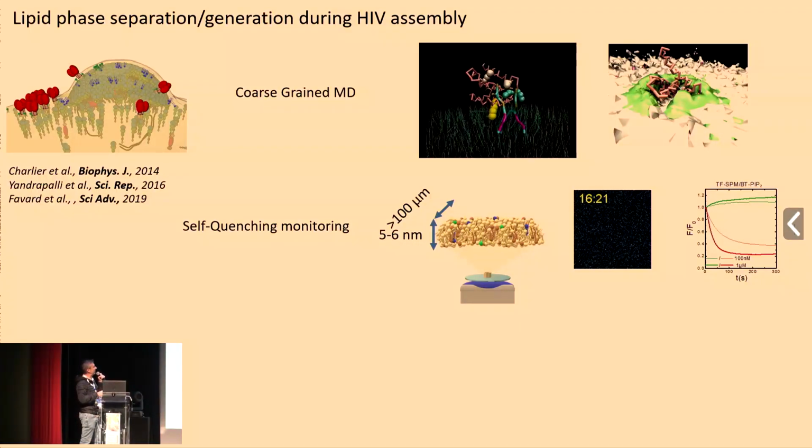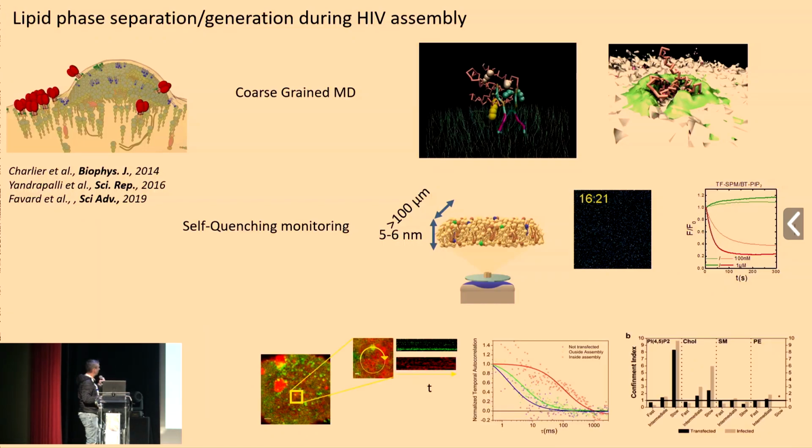For example, if you label the PIP2, you see that the PIP2 fluorescence disappears when you inject the protein. The disappearance is due to self-quenching, meaning that these PIP2 are close to each other, at a distance of less than 10 nanometers. So in a simple model system, what we observe experimentally is what is predicted by the numerical simulation.